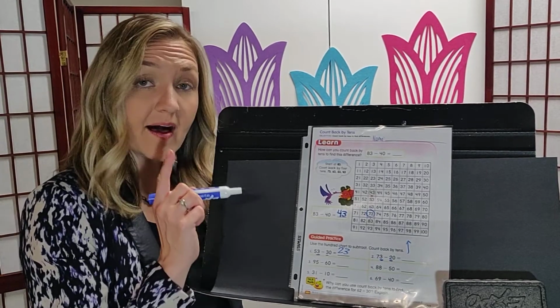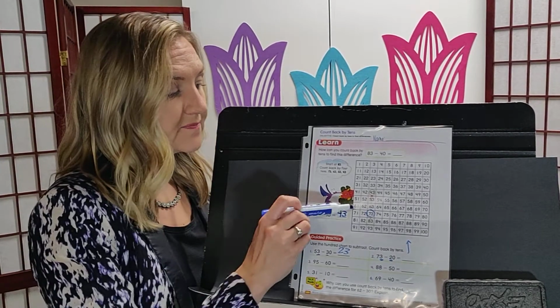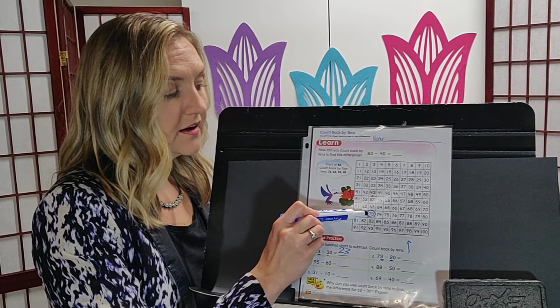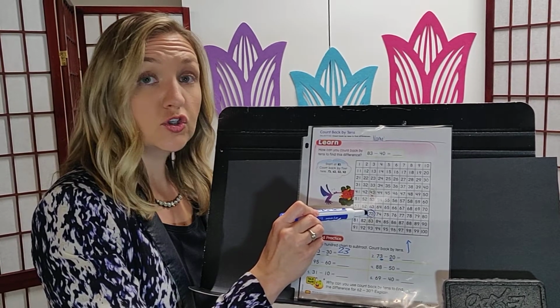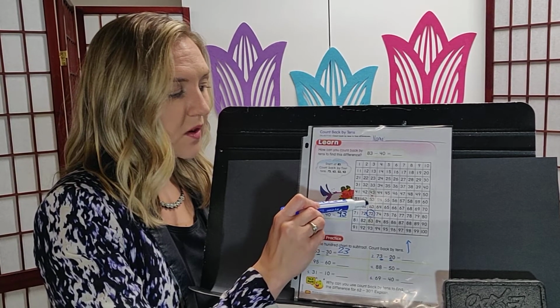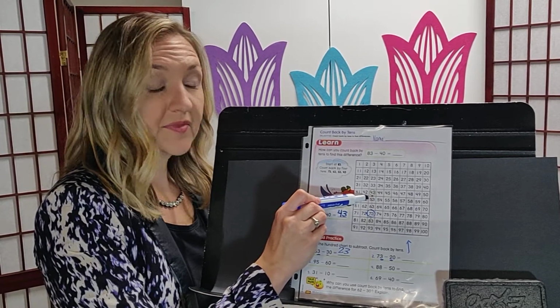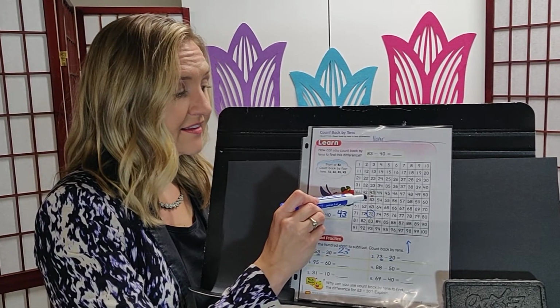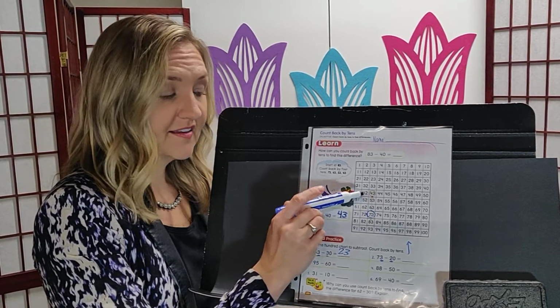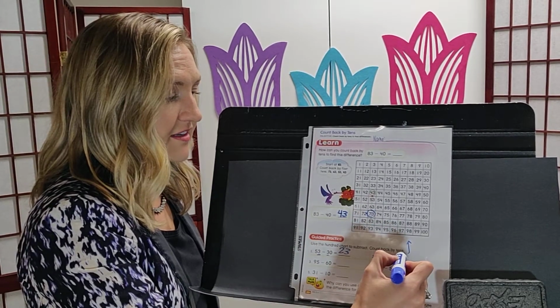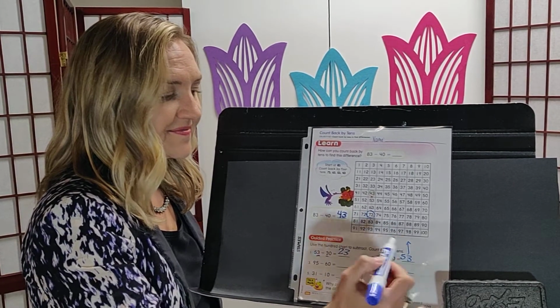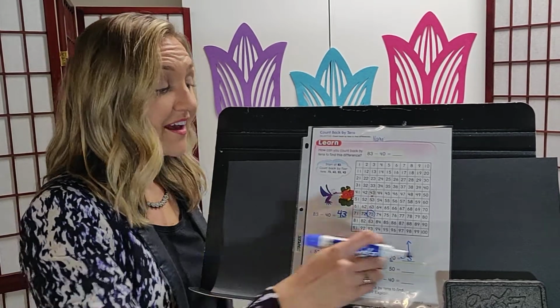So we'll move up 2 times. 73 minus 20 is 2 jumps up. 1, 2. Where did you land? You should have landed on 53. Let's do another one together.